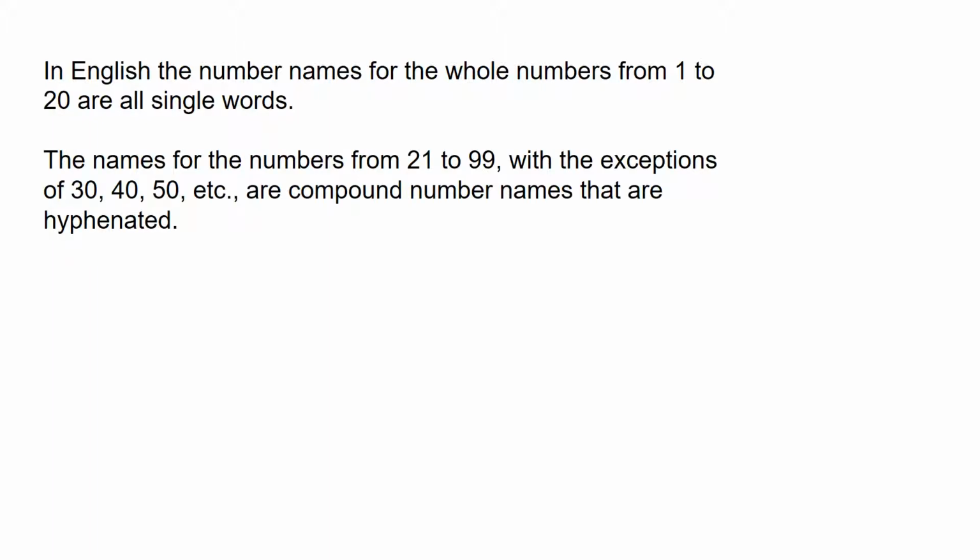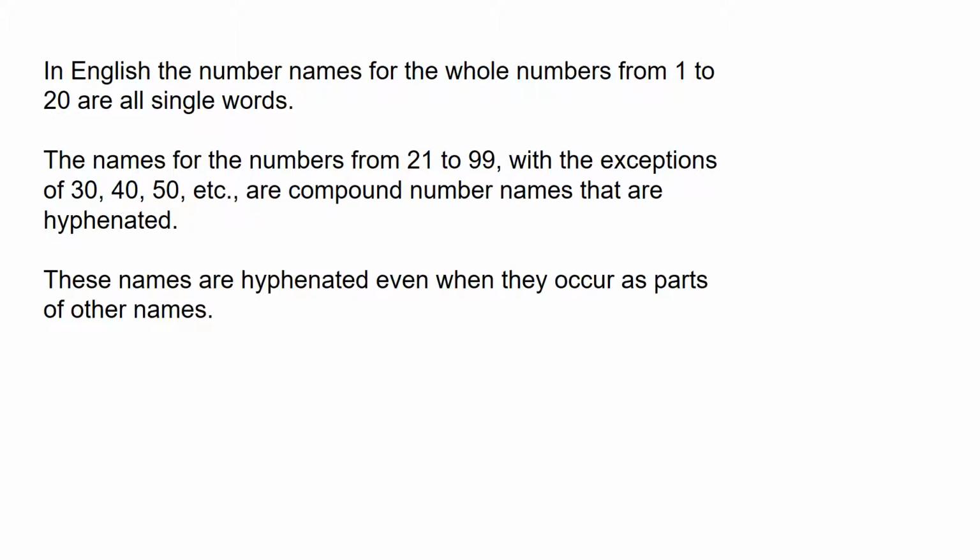From 21 to 99, except for the multiples of 10, they have compound number names that are hyphenated. And so 23, even if this was in the 10,000s place, 23,000th, then you would still hyphenate it in that place when you spell it out.